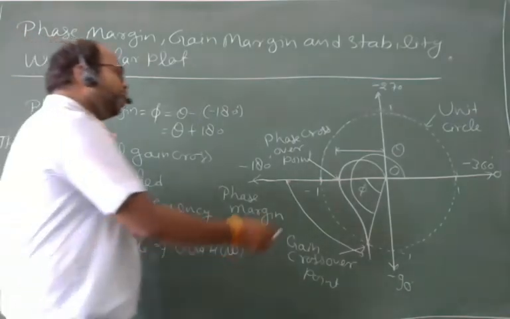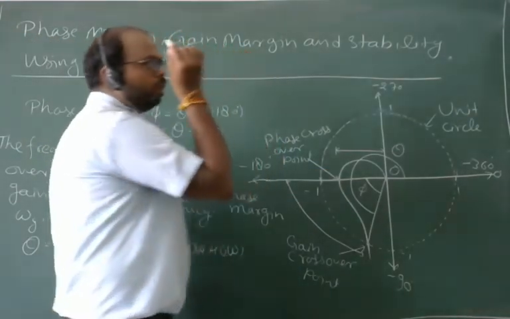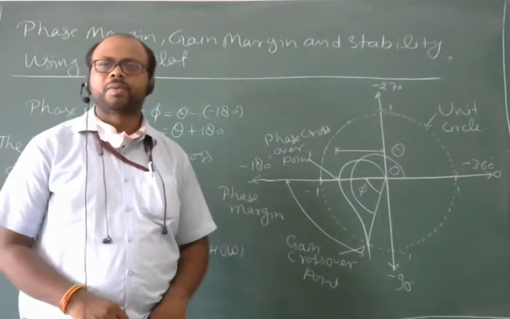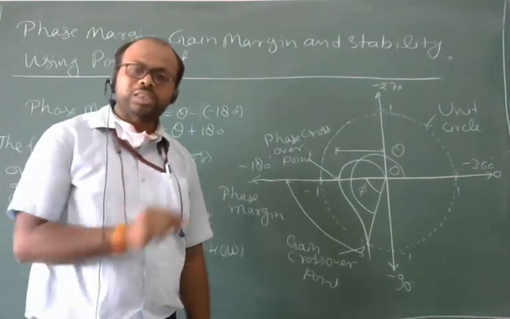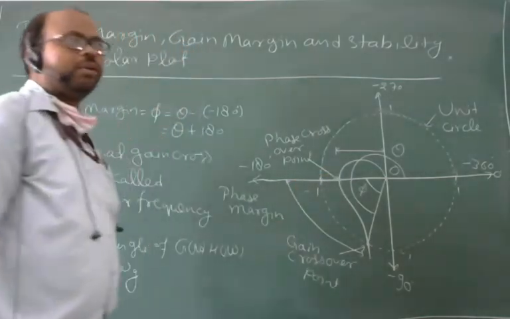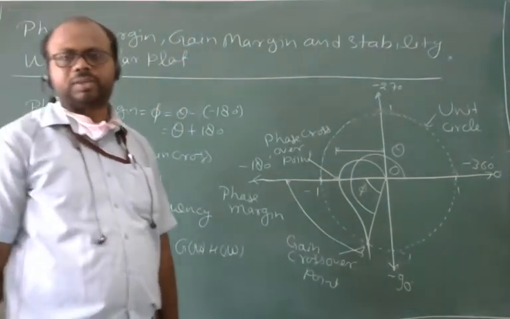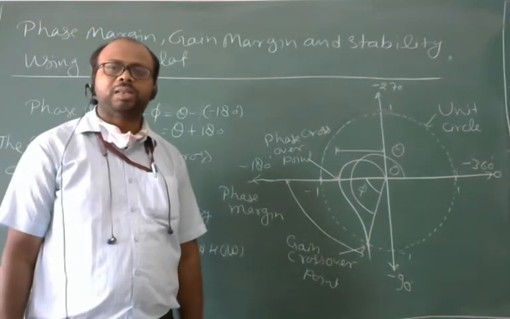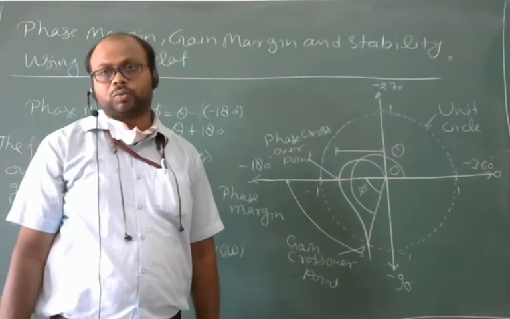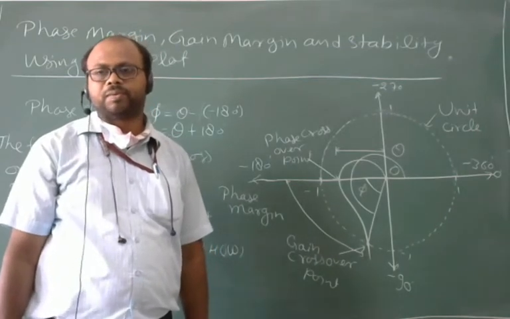What is this point? This is the point where polar plot crosses minus 180 degree line. And the frequency at this point is called phase crossover frequency, right?